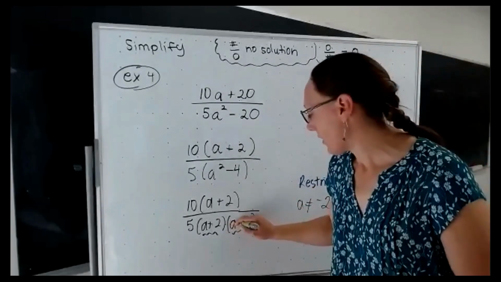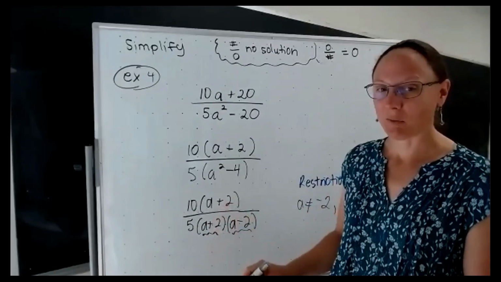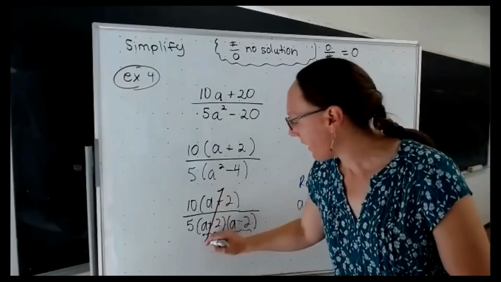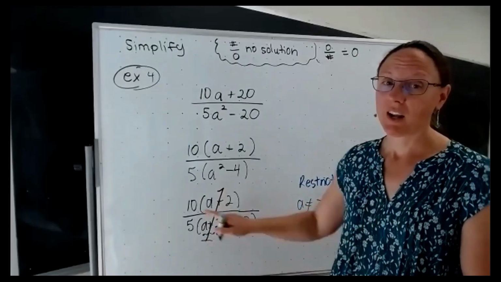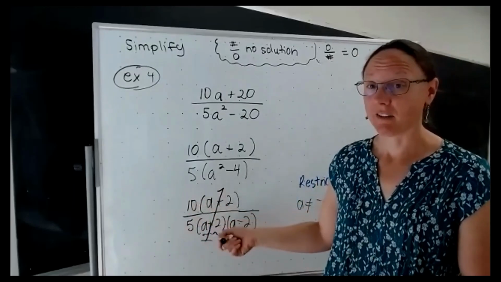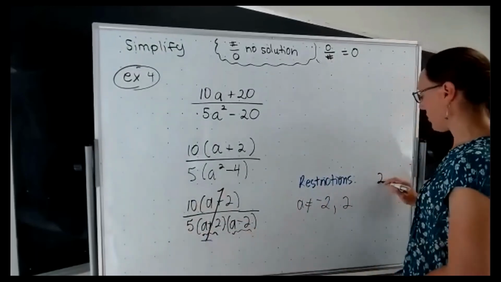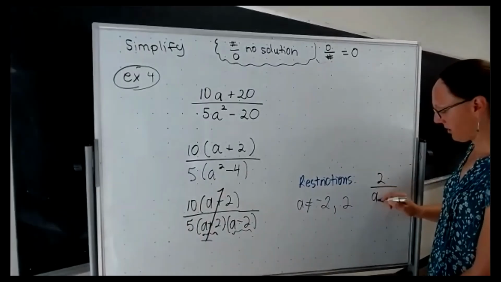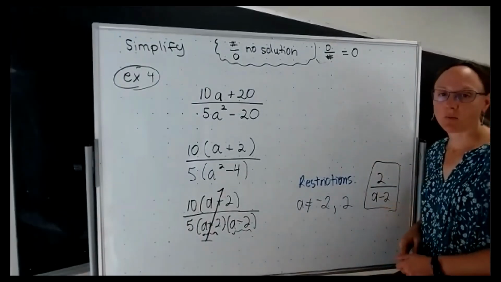Sorry, my finger kind of wiped through that a little bit, but (a + 2) over (a + 2) is going to cancel out to become a big fat 1, and 10 divided by 5 is going to leave me with 2. So my final answer here would be 2 over a minus 2.